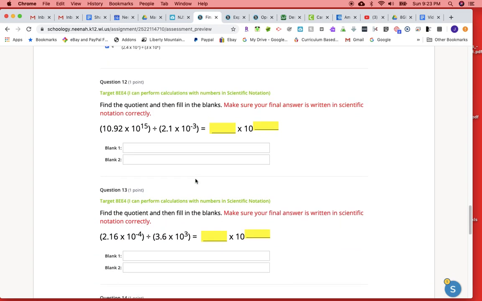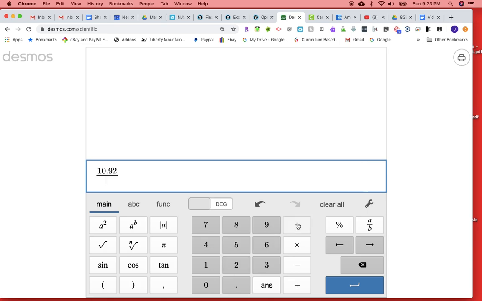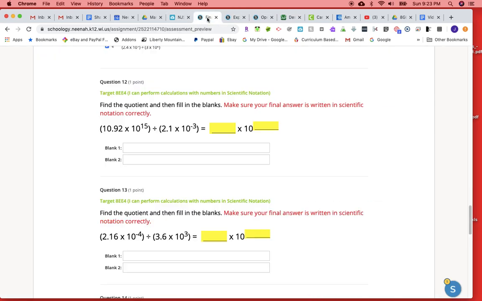Find the quotient, then fill in the blanks. So if you remember, we're going to divide, then subtract. So 10.92 divided by 2.1. So we have 5.2.